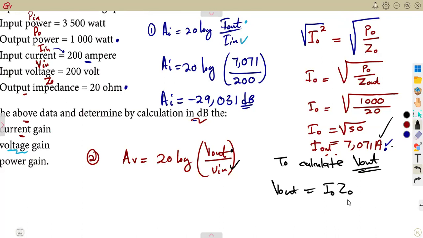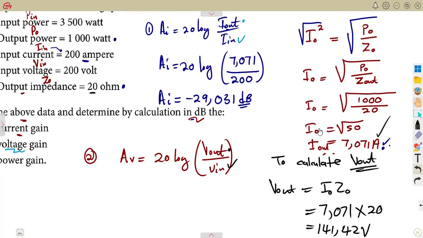Impedance. It is going to be I out times Z out, which is the output current we got here, 7.071, times the output impedance. Our output impedance is 20. So the product of these two gives us the output voltage, which is 141.42 volts.